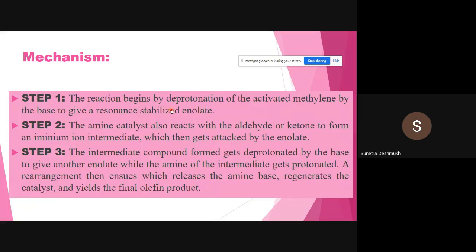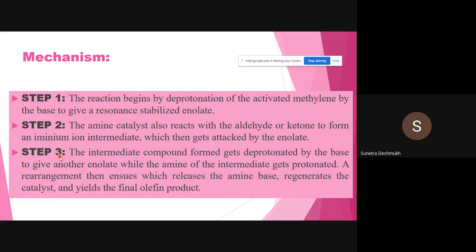So the first step is the reaction between the active methylene compound plus base to generate the enolate, and we should be careful that the enolate should be stable. In the next step we will react this enolate, and we have to generate the iminium ion intermediate. That will be the second step.